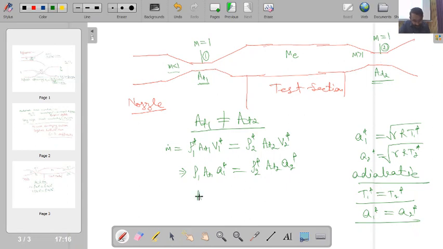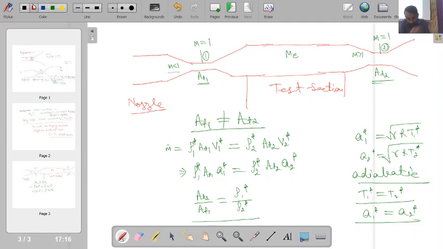From here, what I will be getting is A2 divided by A1 equal to rho 1 star by rho 2 star. Is this point clear? Now, as I have already used the assumption of calorically perfect gas, I can write density from the ideal gas equation as P by RT.